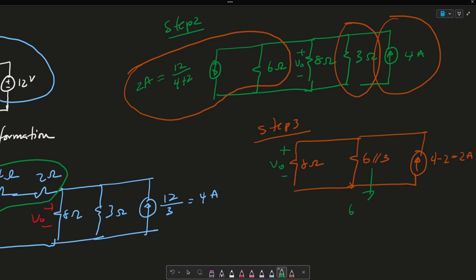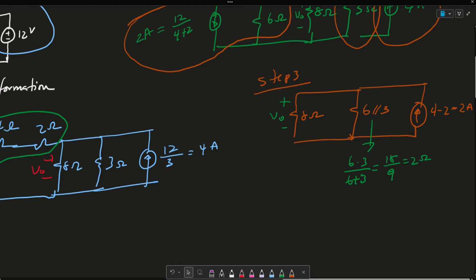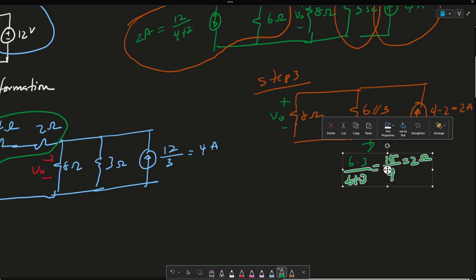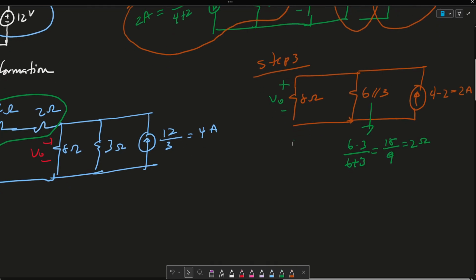This here is 6 times 3 divided by 6 plus 3, which is going to be 18 over 9, which is going to be 2 ohms. So you have a 2 ohm resistor in parallel with this 8 ohm resistor. You have a 2 amp current source. We can go ahead and do current division, right?